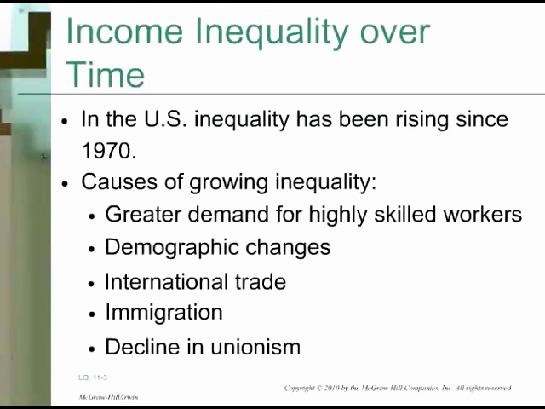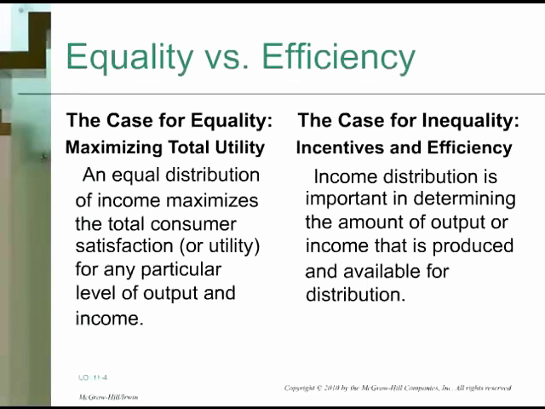In the U.S., inequality has been rising since 1970. Causes of growing inequality include greater demand for highly skilled workers, demographic changes, international trade, immigration, and a decline in unionism.